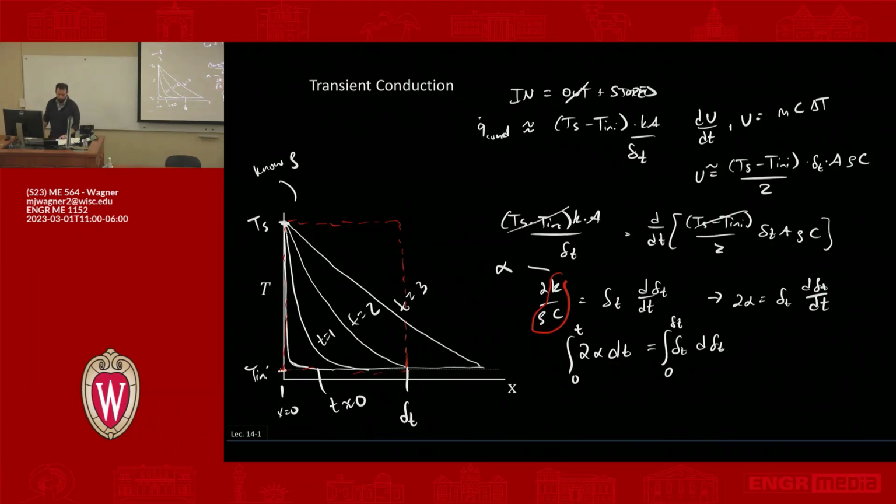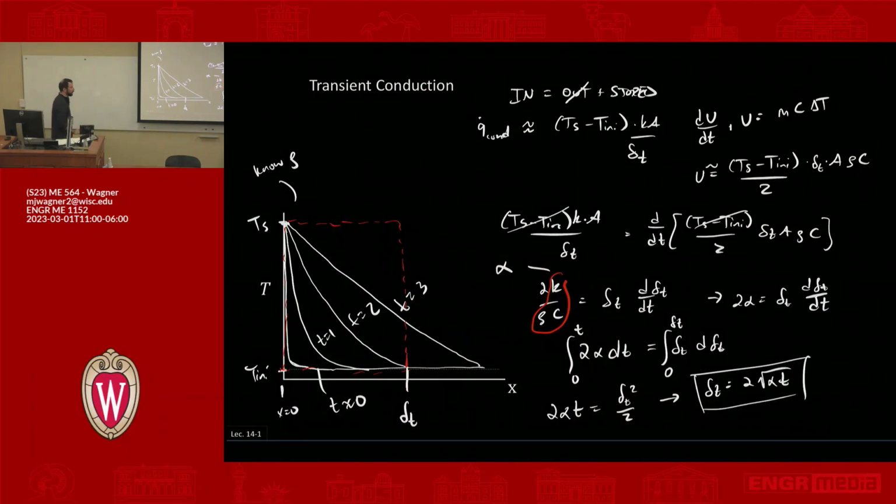Okay. So doing this integral, we'd end up with 2 alpha time equals delta t squared over 2. And I can solve this then for delta t. That becomes delta t is equal to 2 square root of alpha times time.